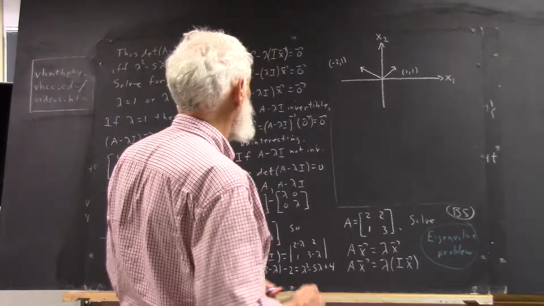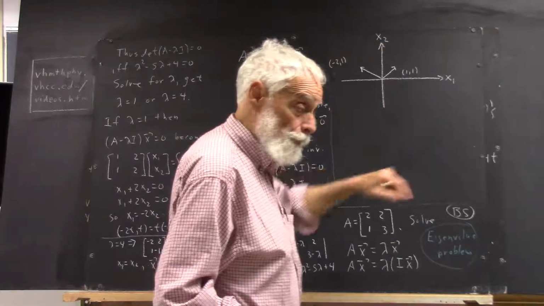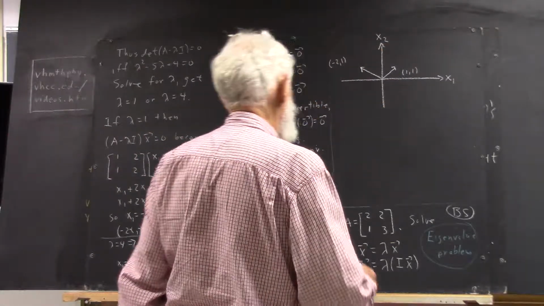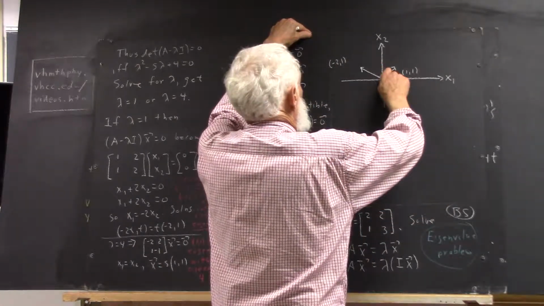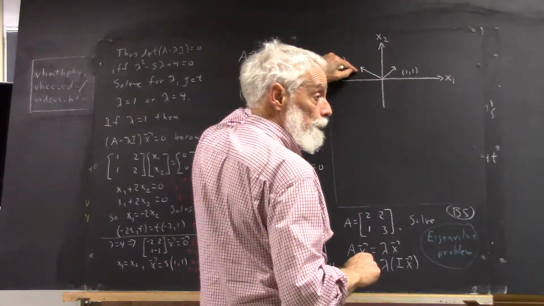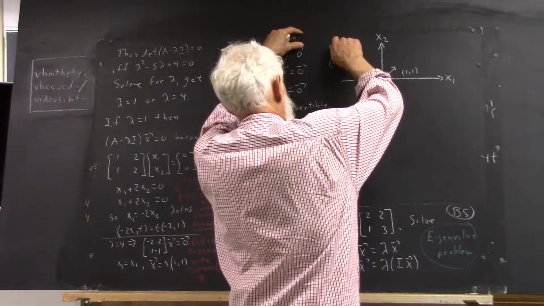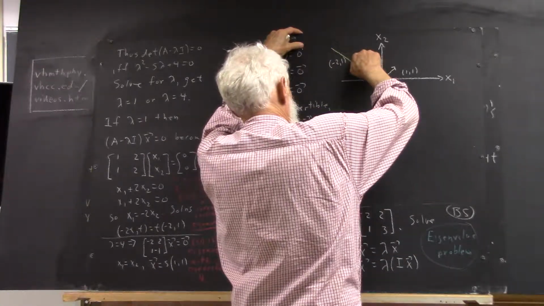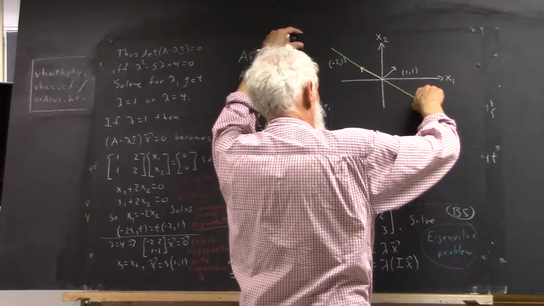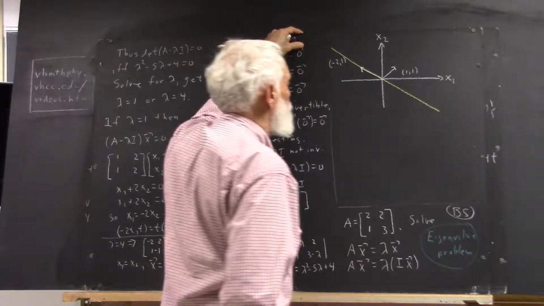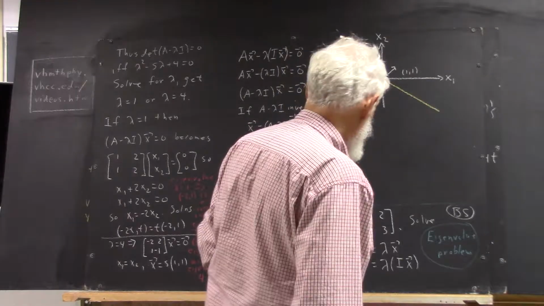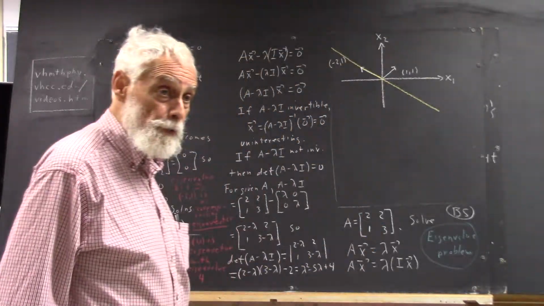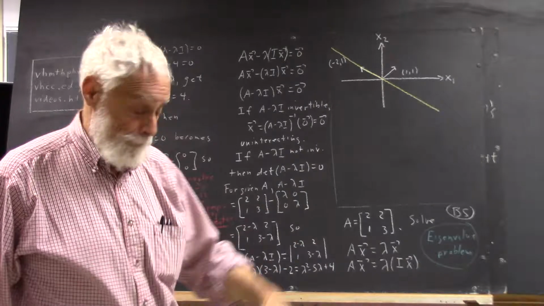This means if I go up to an x2 versus x1 coordinate space, any multiple of the vector (-2, 1), and this is intended to be the vector (-2, 1), which means any vector that goes from the origin to any point on this line, when you do this transformation, will be mapped to itself. Okay?